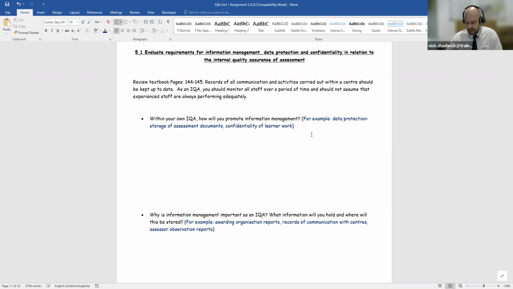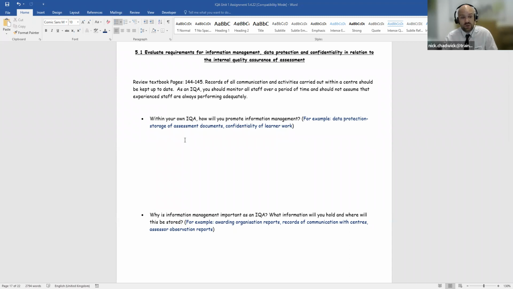Okay. And within this section, we are going to be looking at the importance of record keeping. Okay, so records of all communication and activities carried out within a centre should be kept up to date. As an IQA, you should monitor all staff over a period of time and should not assume that experienced staff are always performing adequately. Okay.